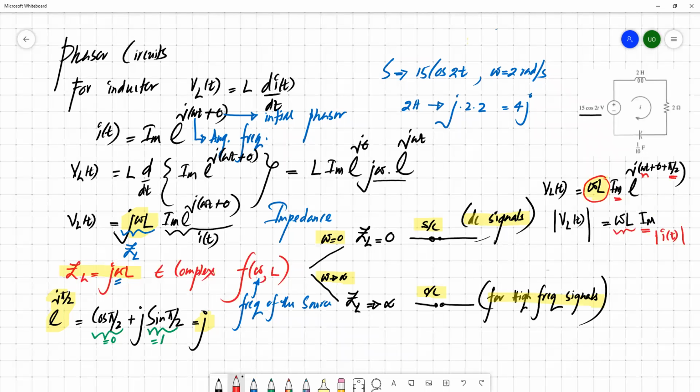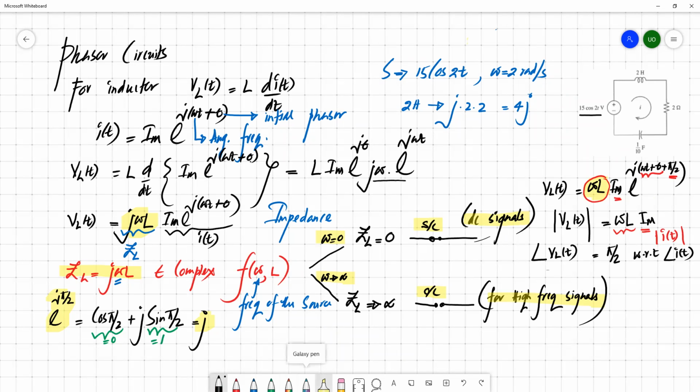So this is the current phasor, the phasor of the current waveform. Then we can argue that the angle of VL equals pi by 2 with respect to the current phasor.